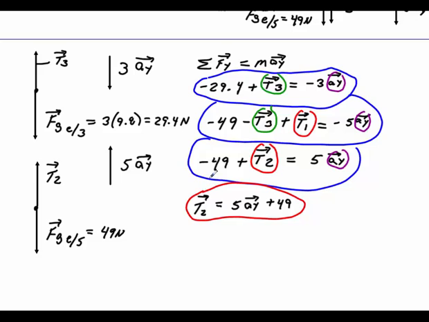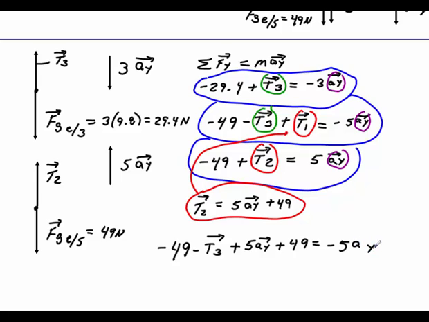We will take that one, and now we're going to substitute it right back into right here. When we do that, that gives us minus 49 minus T3 plus T1, which we said T1 and T2 are going to be the same, 5 AY plus 49 is equal to minus 5 AY.